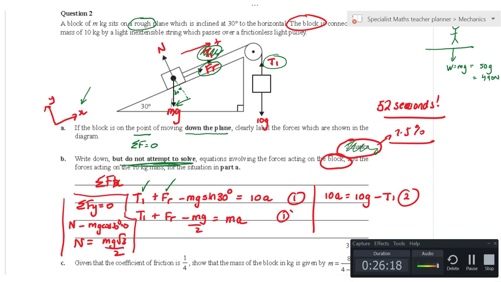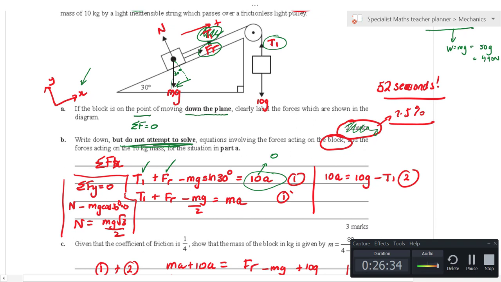Now the thing is though, that A, write down, so this 10A is equal to 0. So you could make your life a lot easier. I'm not going to finish it for you.